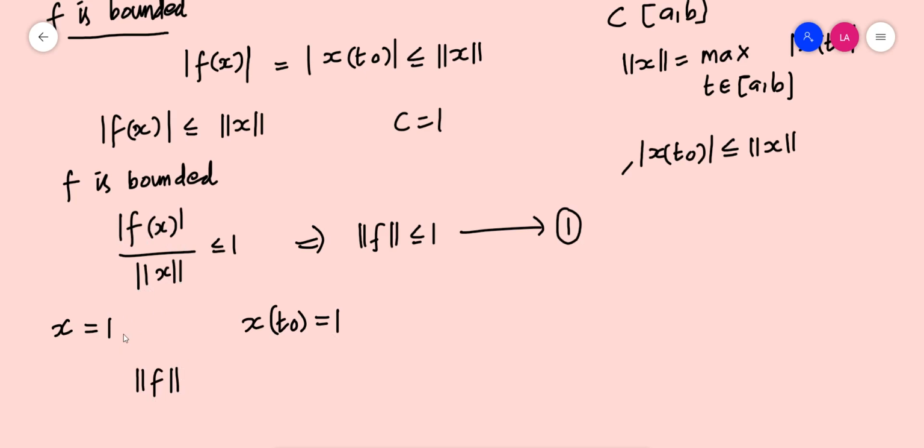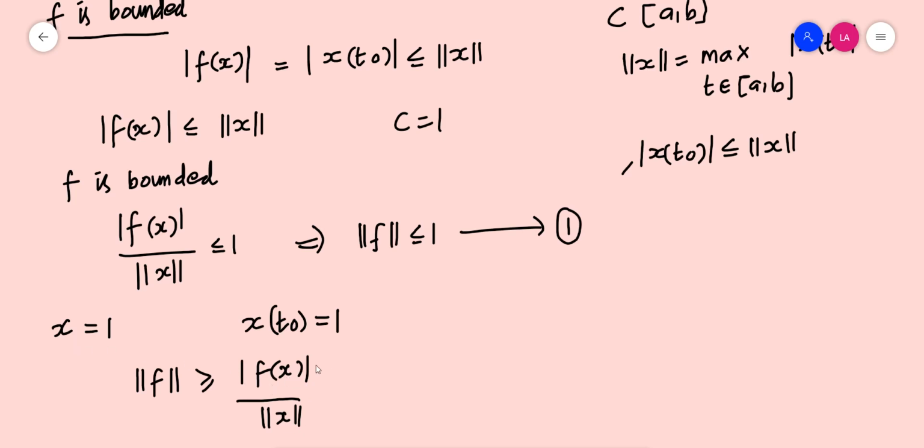If we take the particular value x equal to 1, this norm f should be greater than or equal to that particular value, modulus of f of x by norm x, because norm f is the supremum over the collection of all x of modulus of f of x by norm x.